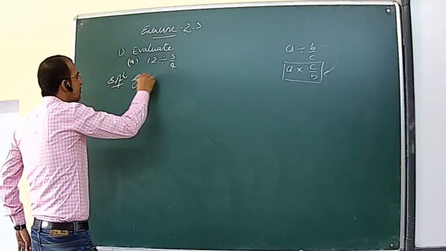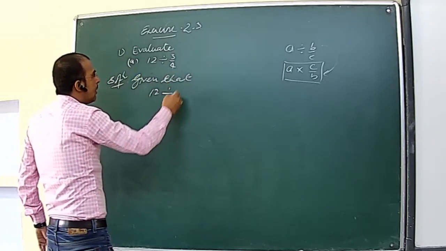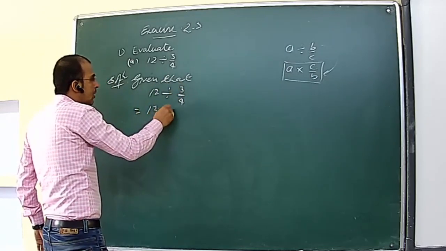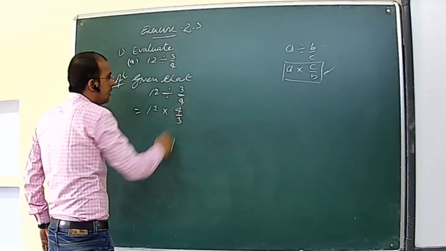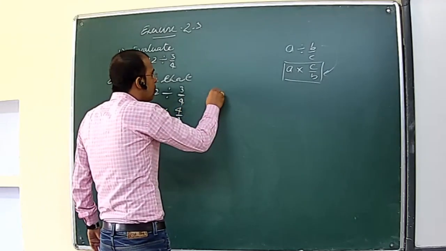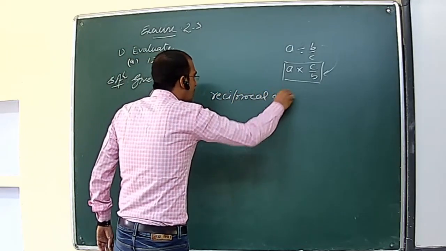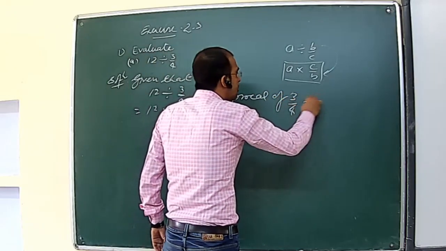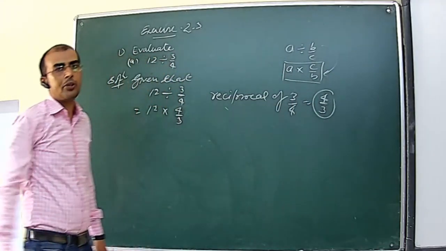Given that 12 divided by 3 by 4 can be written as 12 into 4 by 3, because we know that the reciprocal of 3 by 4 is 4 by 3. Remember this, very important thing.